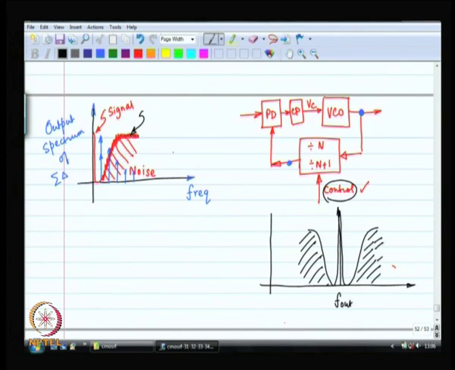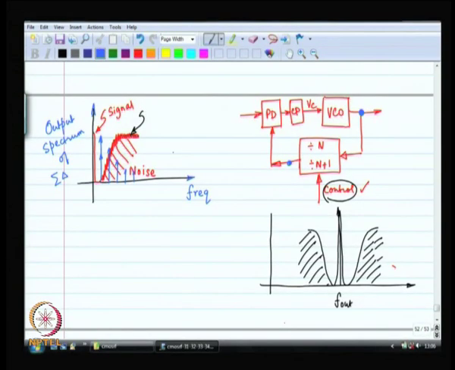Now tell me, how good does this sigma delta modulator have to be? It has got to be good, right. Within the loop bandwidth of your synthesizer, this is going to look like the reference within the loop bandwidth. So, the phase noise of the reference is going to be tracked by the output of the VCO, but that is only within the loop bandwidth.